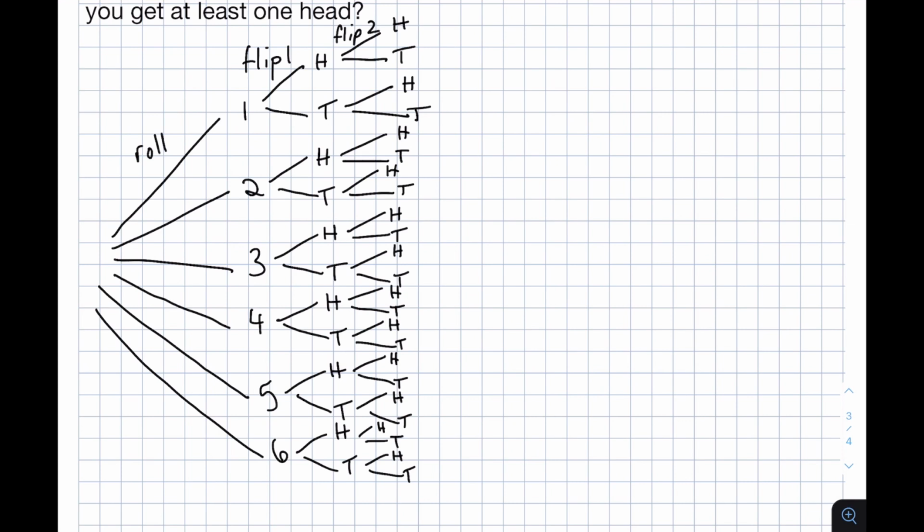We can count the total number of data points in this column right here to be 24. Now we can go through and star which ones have at least one head, and that's these.